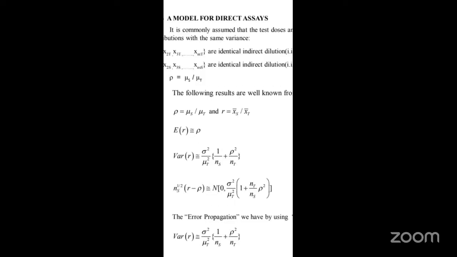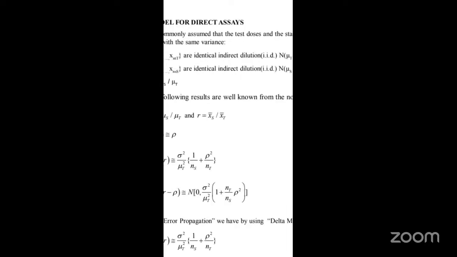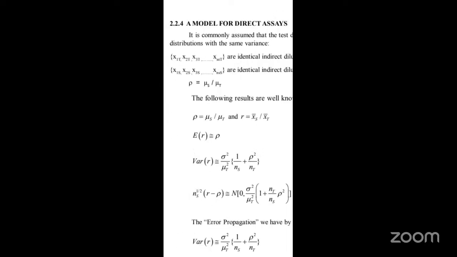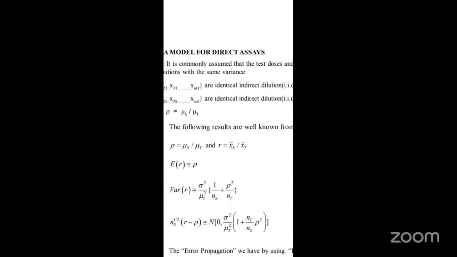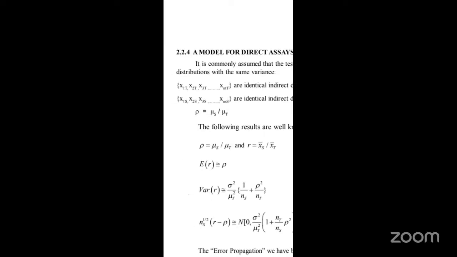Here is one model for direct assays. Take x1 through xn as independent, identically distributed variables with the normal distribution, where the mean is mu_r and variance is sigma squared. Another set is independent, identically distributed normal with mu_s and sigma squared. The suffix s denotes the test sample observations, which are independent.